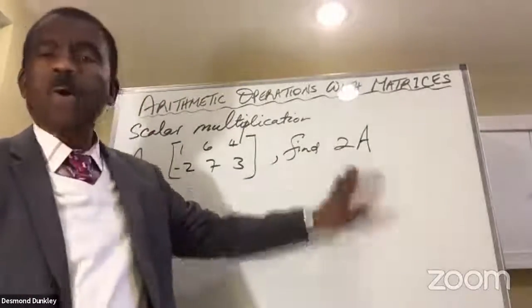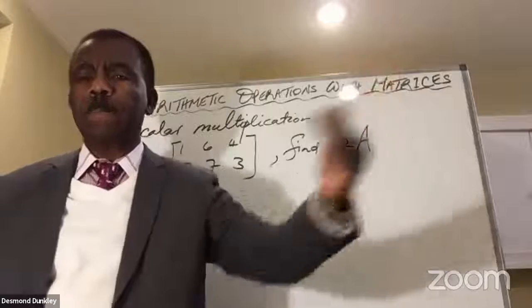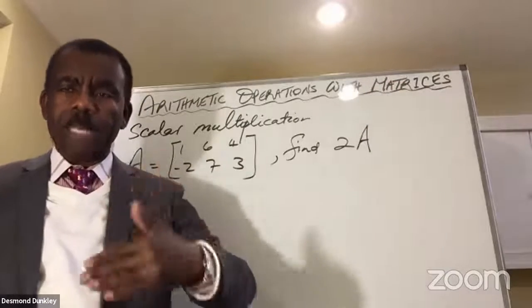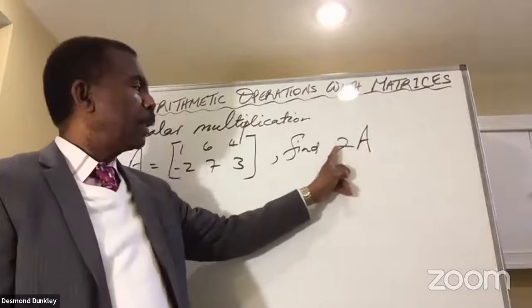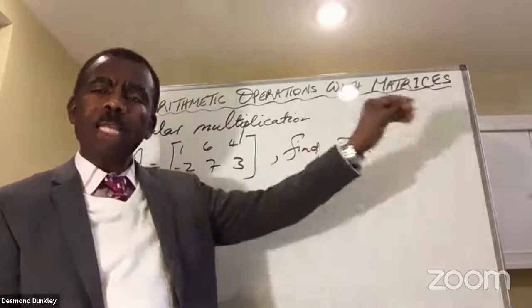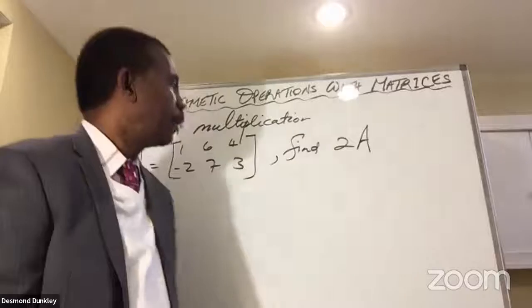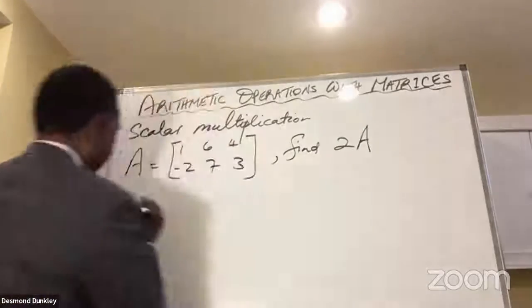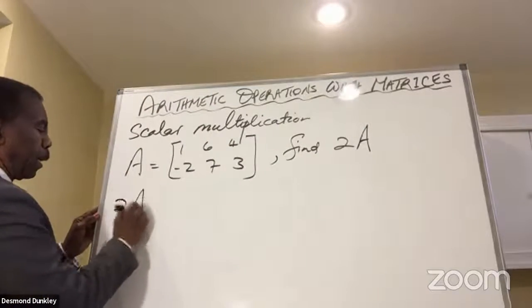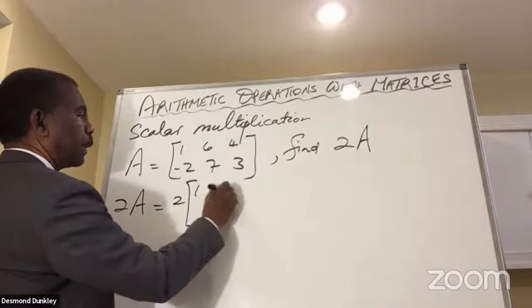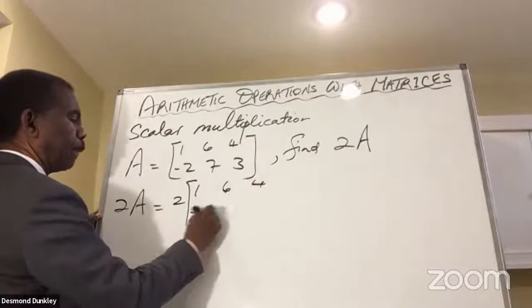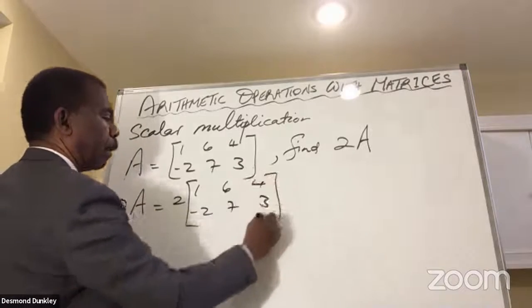So this is what you would call a scalar multiple. It involves scalar multiplication. You just take whatever the matrix is, take the number 2 and multiply each entry, and that's the result. So in this case, 2A is equal to 2 times 1, 6, 4, negative 2, 7, 3.